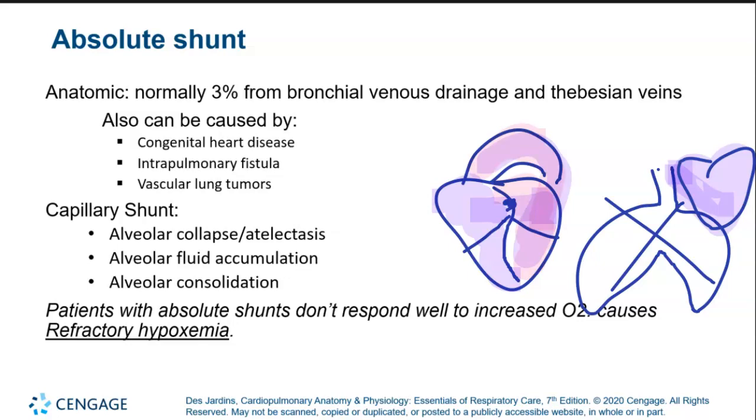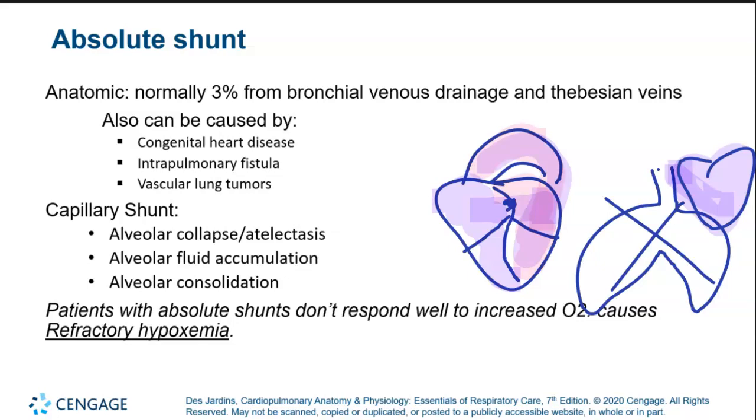It's important for you to understand that you can give these types of patients as much oxygen as you want to, but they typically tend to respond poorly to O2 therapy because it's not for lack of oxygen in the alveoli. It's because the alveoli are full, so they can't accept oxygen, or the blood's not going to those oxygenated alveoli. So that absolute shunting is also referred to as refractory hypoxemia.